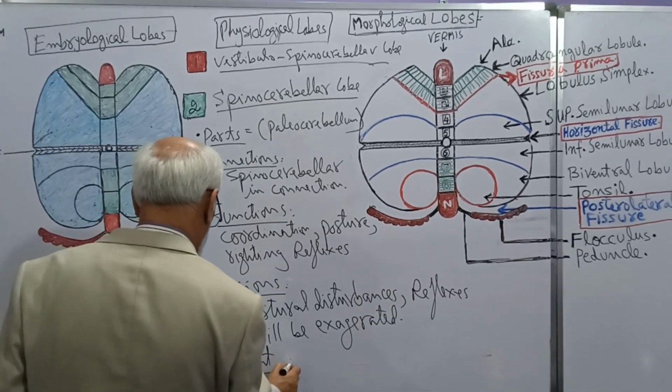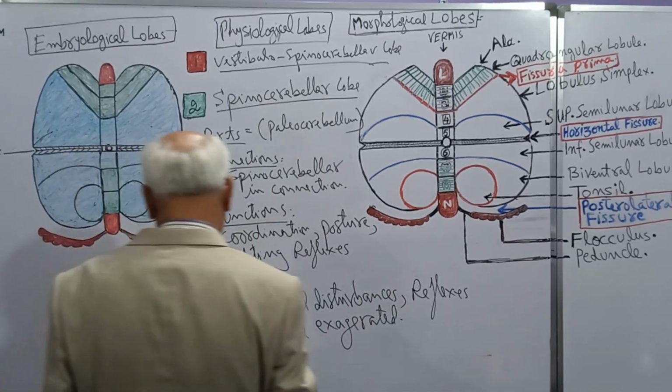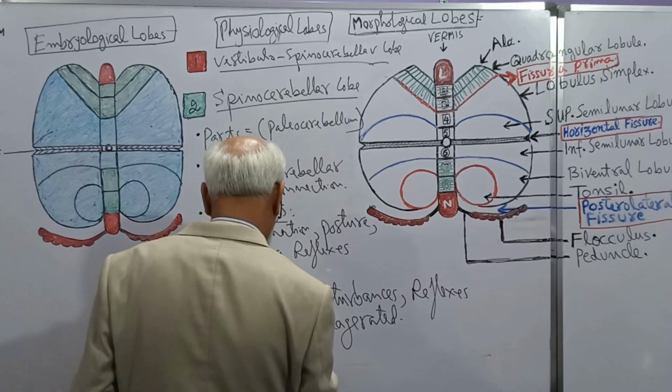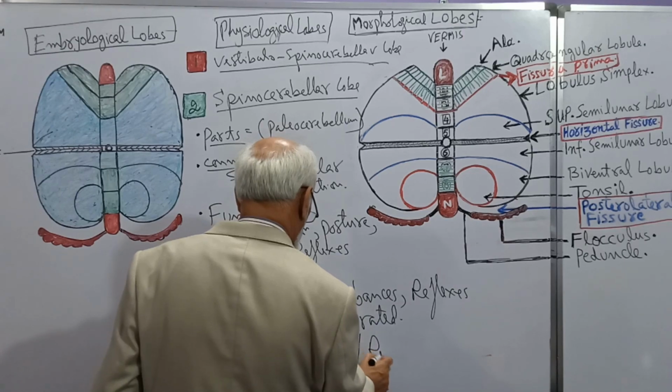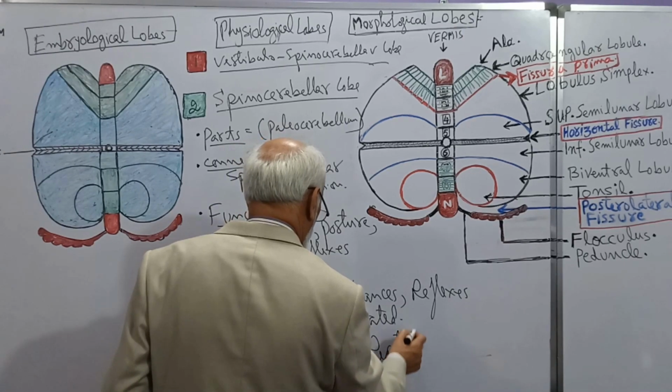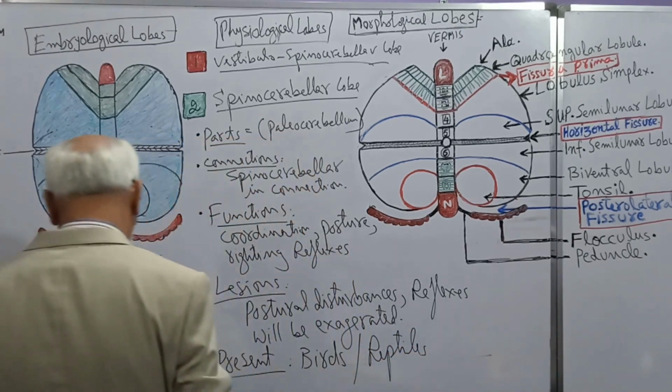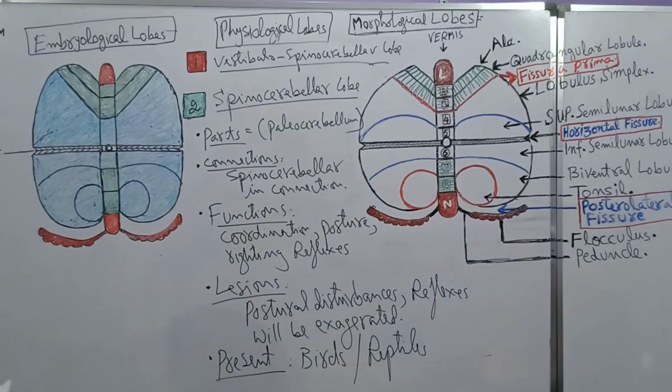It is present also in birds and reptiles apart from human beings. So this was the second physiological lobe, depending upon functions, connections and effects of lesion.